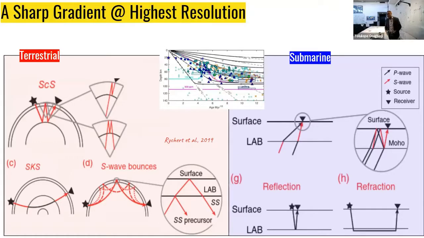Now, terrestrial, obviously, we are on a terrestrial planet, but terrestrial to do with land. The triangles there are the seismometers. The star is the earthquake. And what you're trying to do with this kind of approach is to image the lithosphere in between the earthquake and the seismometer. I point out that the seismometer is on land, and so you have better signals, more earthquakes, because of the nature of the observation.